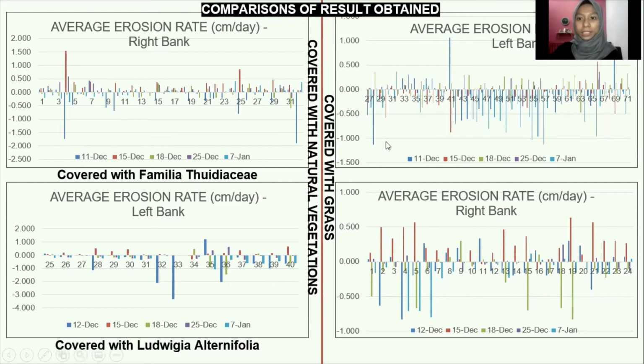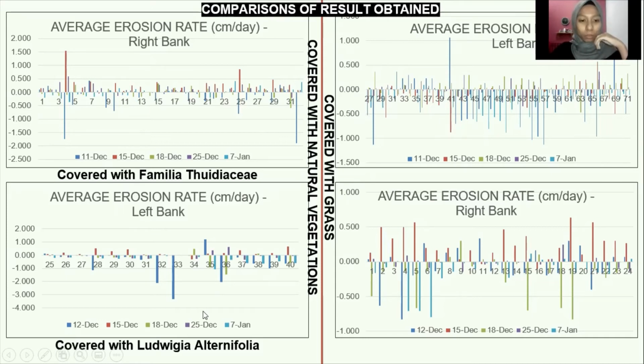Therefore, we can see the section that is covered with grass has almost all gone through massive soil erosion. And in the section that is covered with natural vegetation, only a few sections show huge erosion rates, such as section number 4 and section number 32, and it's only on one or two days, compared to the other side, which is almost every day.